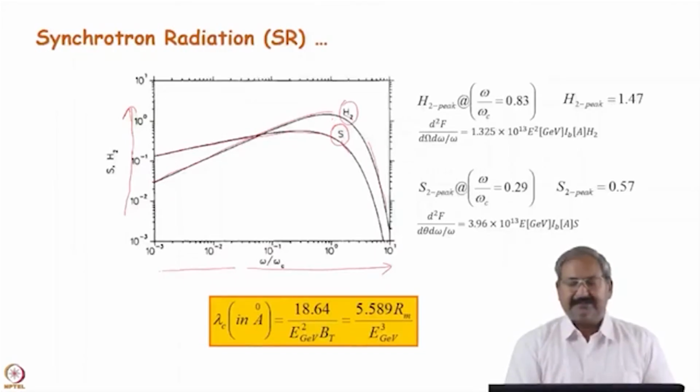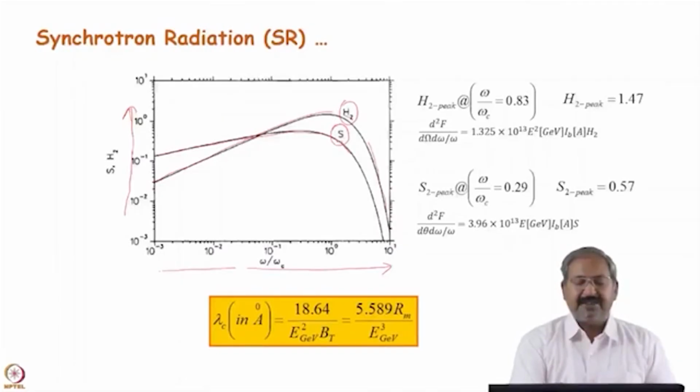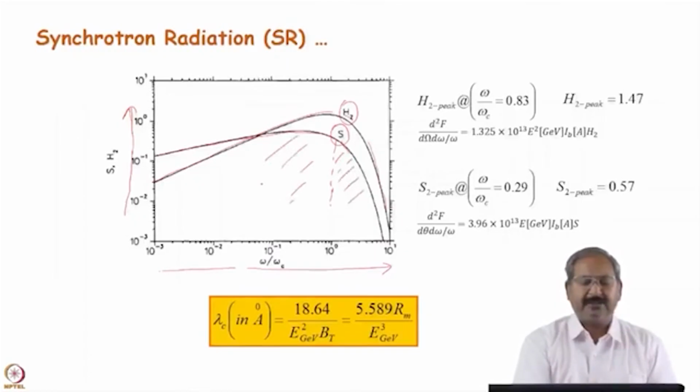So now you can see that we can choose one wavelength or one frequency which divides the radiated power in two parts.